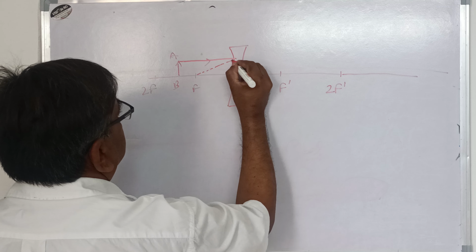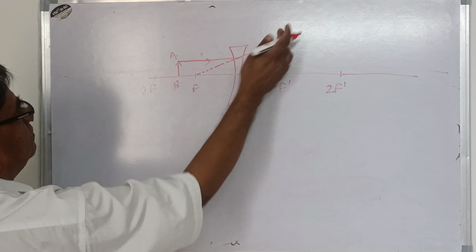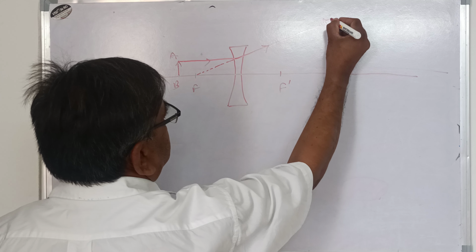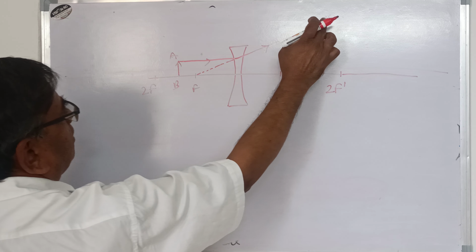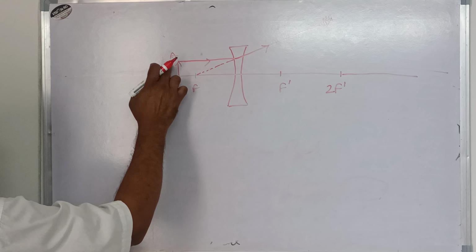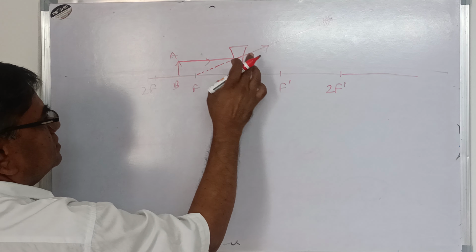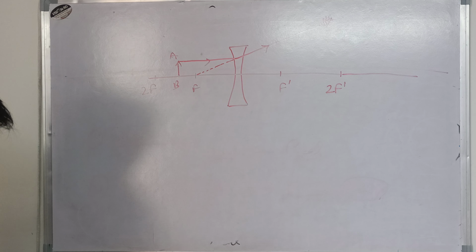Parallel है तो this angle will follow. It will seem coming from here when you see from here. When you put your eye here and see this ray starting from here, it will seem starting from here. Okay. So this is your answer.